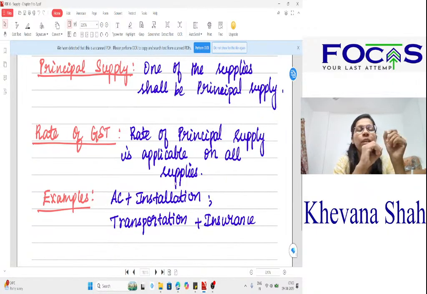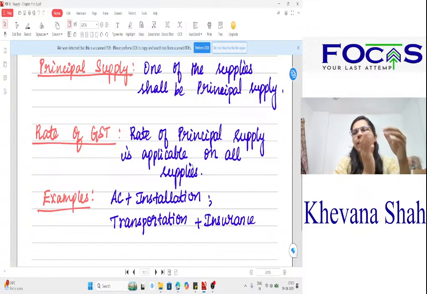Now for example, if you have a supply of AC, and now see, if you just supply the AC, it is not going to work, right? We need to get it installed in order for it to work. So what happens here is, AC is a supply of goods, that is your principal supply, and installation is a supporting service. So installation is a supply of service that you are getting along with the AC, and this is naturally bundled.